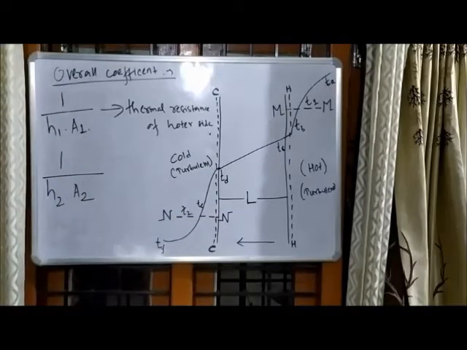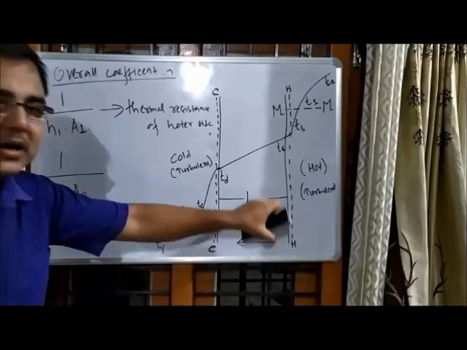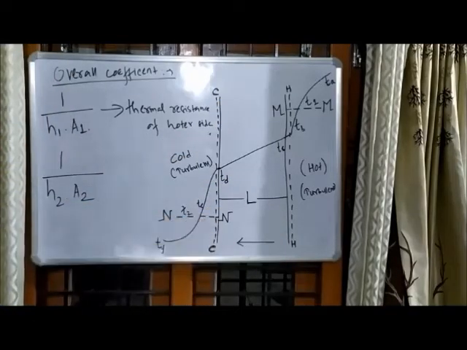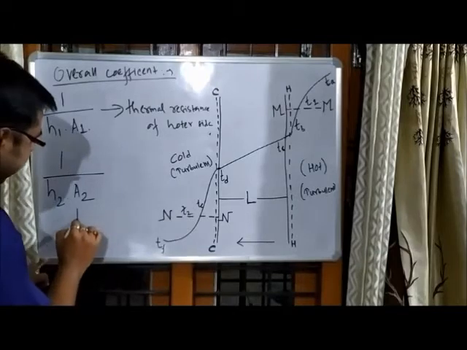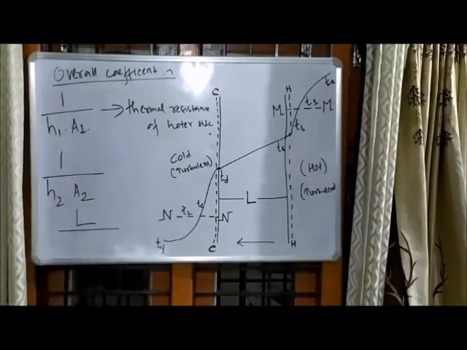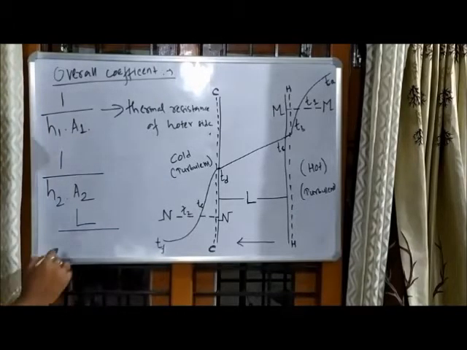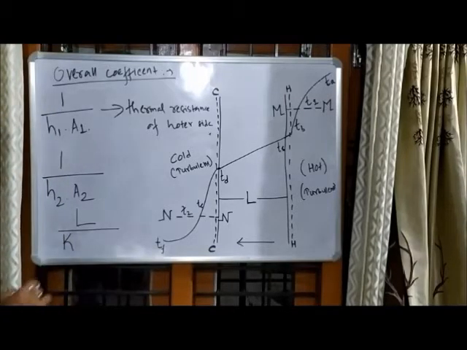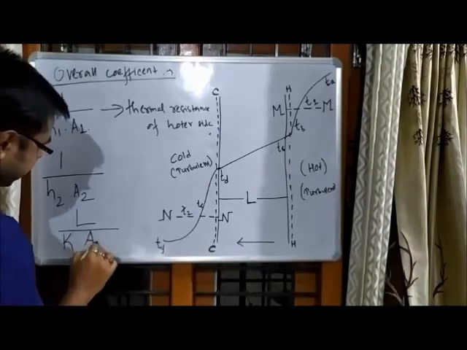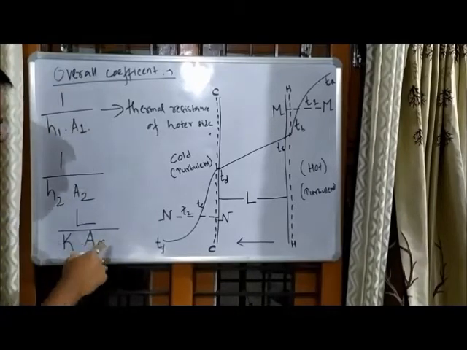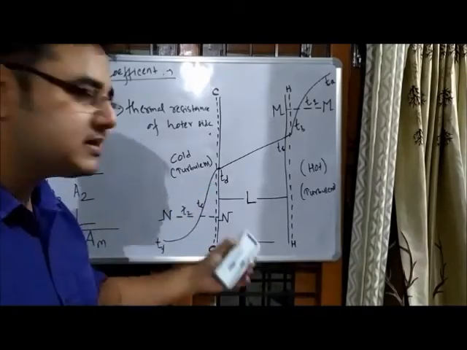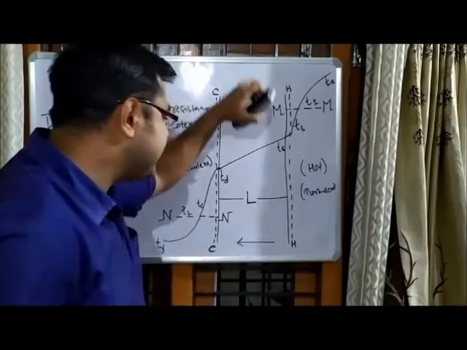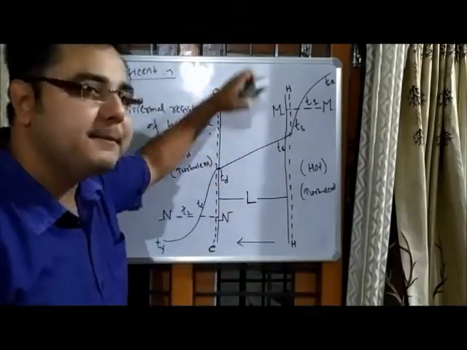Now what is the thermal resistance of the metal? Simple, it is L, the length, divided by K, the proportionality constant, into AM. AM we have already discussed, it is the average or mean area of the metal.